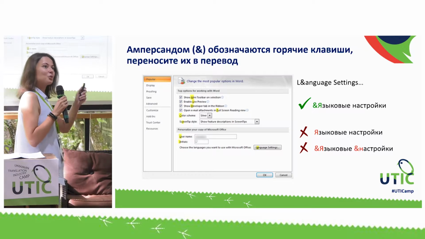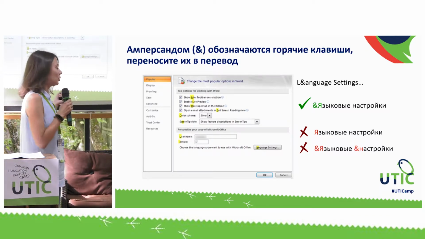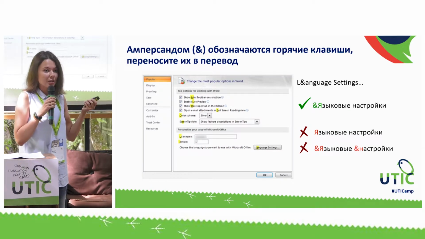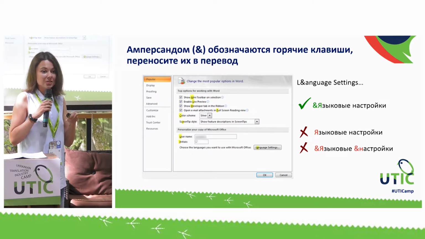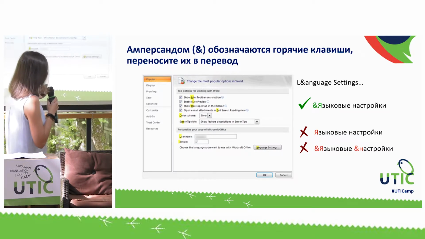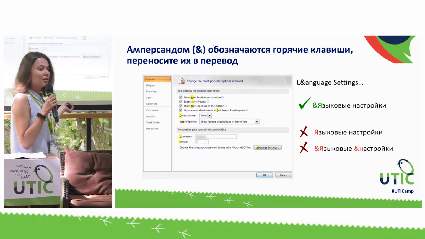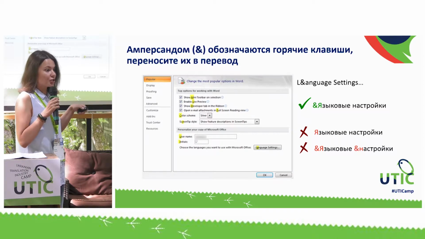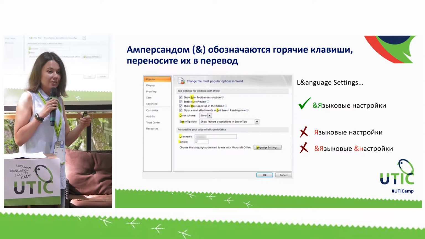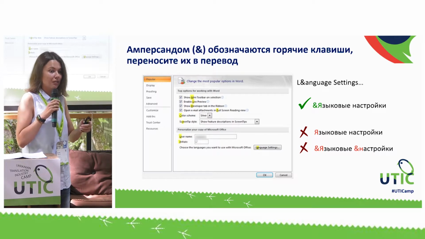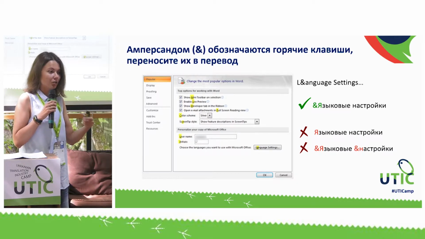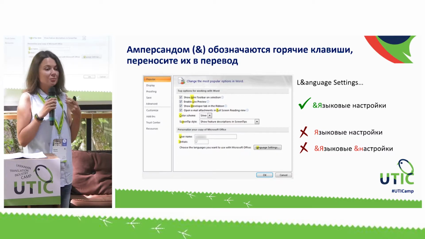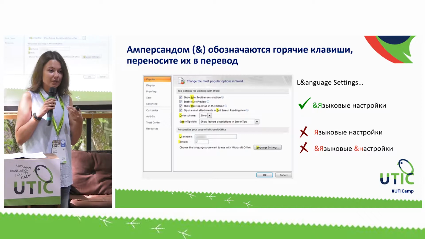This is an instruction and could be more difficult. I will just tell you more about how it works. Ampersand is used for hotkeys, and they should be shifted to the target text also. For example, in the language and settings, a letter is underlined, and if a customer presses Ctrl and that letter, it will mean settings, hotkey settings.